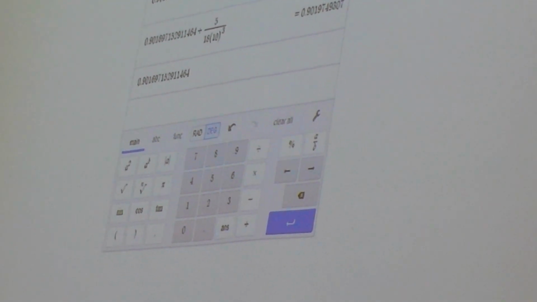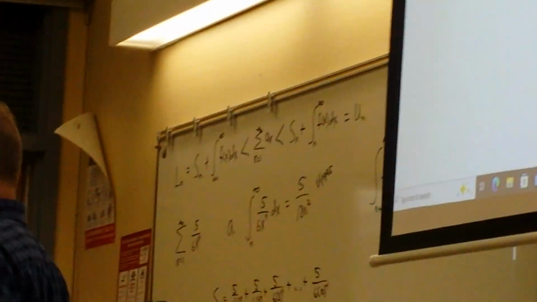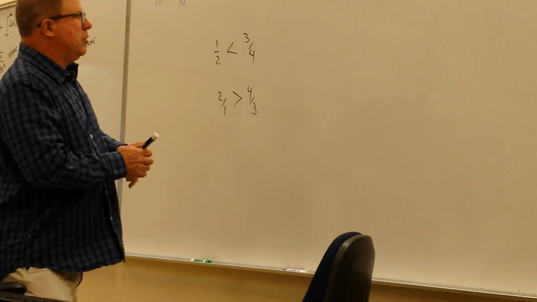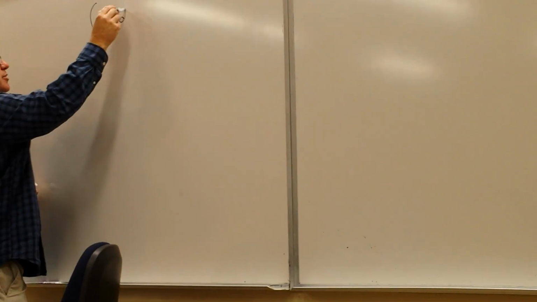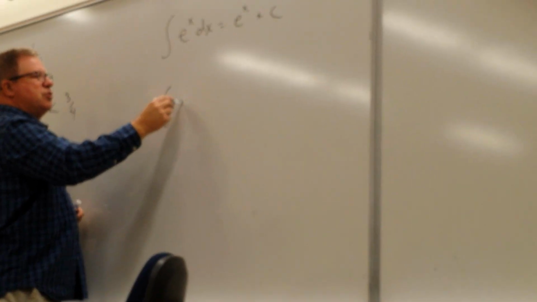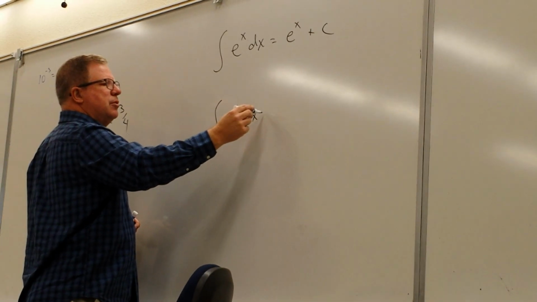All right? I gotta tell you one more thing. So for the next problem, you're gonna have to do the antiderivative of an exponential. So you know that the antiderivative of e to the x is e to the x, right? The antiderivative of 2 to the x, what's that?